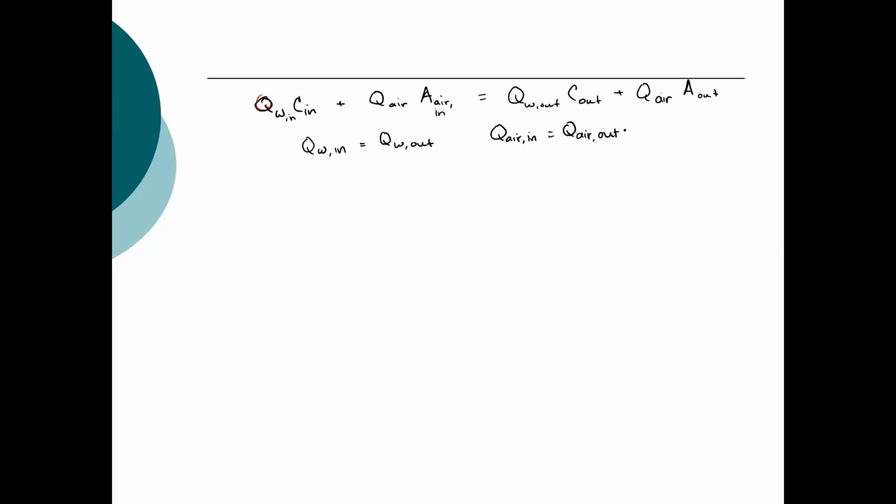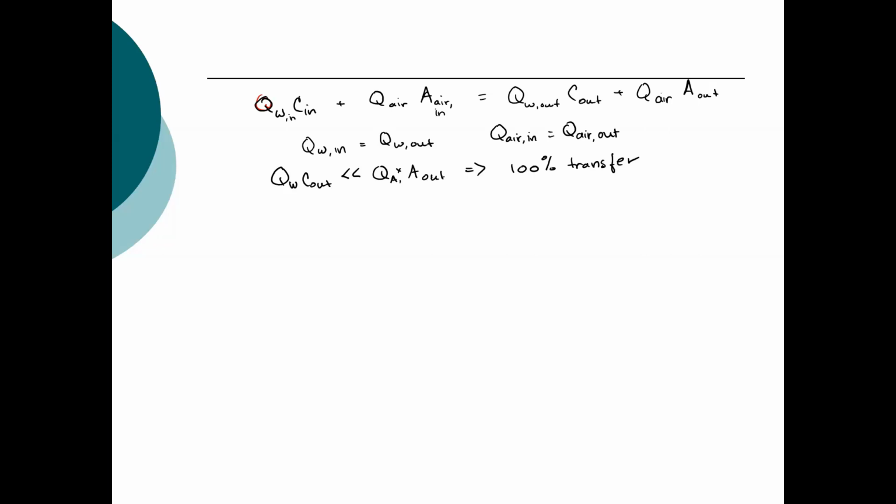Now, we're going to make several other assumptions. We're going to assume that Q W C out is much less than Q air C air out. Now, what we're assuming is roughly 100% transfer.